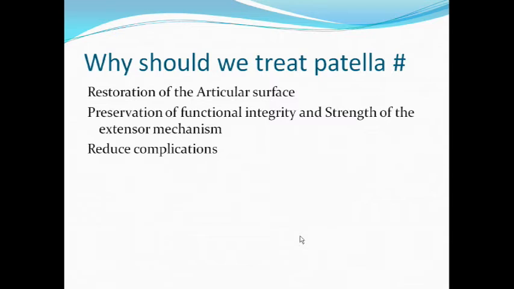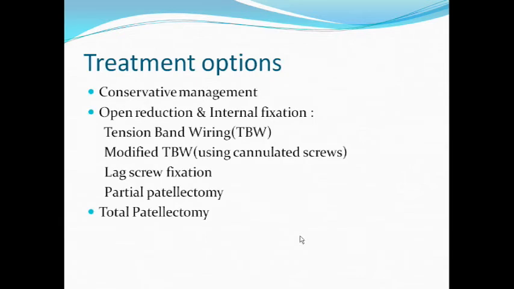As it is the main component of the extensor mechanism, restoring its functionality is very important. Number three is reducing complications. We will come to know the different complications later. For now just know that without treatment there may be complications of patella fracture. If we treat, we reduce the chances of complications.